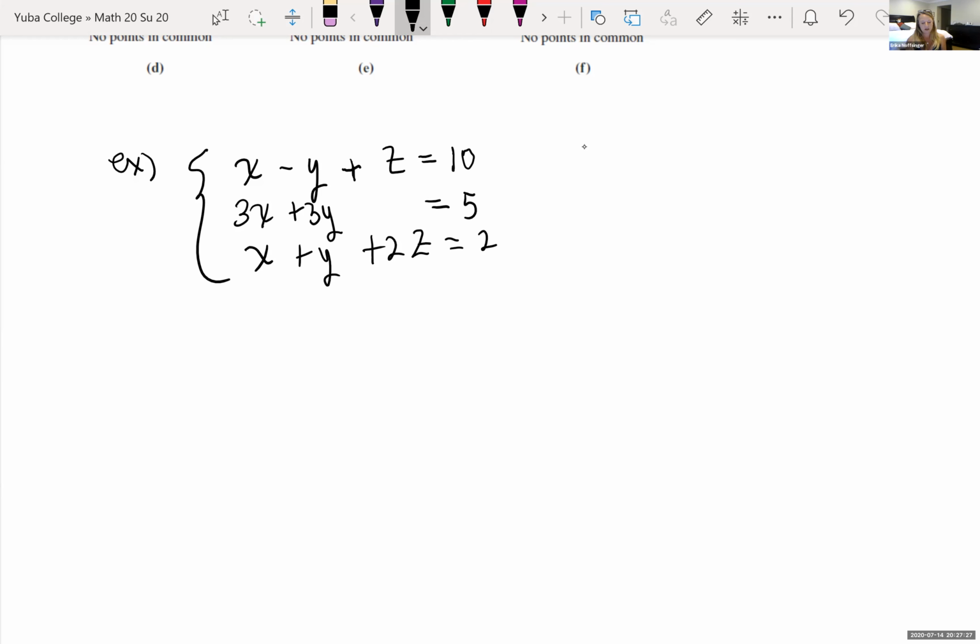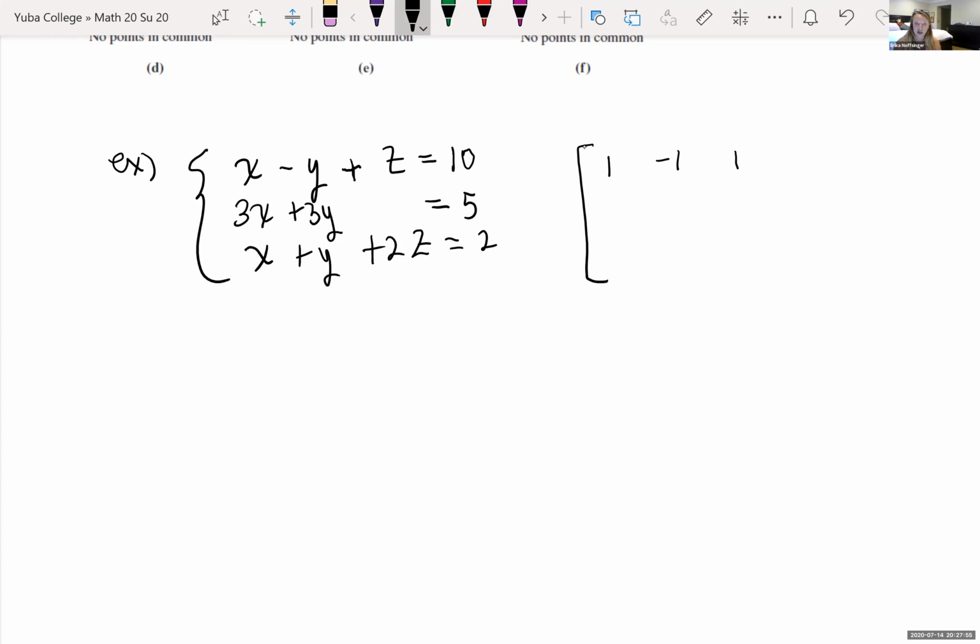When you put this in a matrix, all you're doing is writing down the coefficients, the numbers in front of your variables, in a horizontal row. My first row is just going to be numbers. My coefficient in front of x is 1, so I'm going to have a 1. My coefficient in front of y is -1, so -1. The coefficient in front of z is 1.